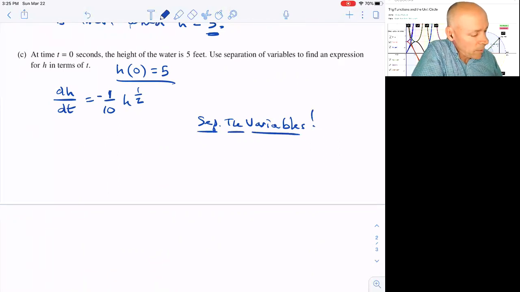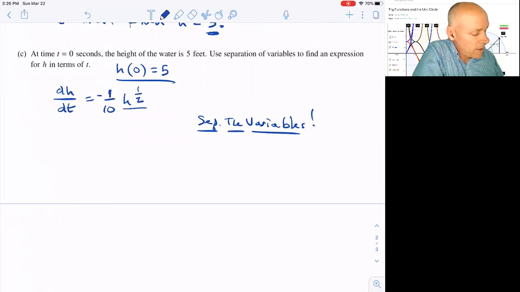So if I separate the variables, I'm going to move the h to the 1/2 to the other side of the equation. I'm going to leave the dh over there, and I can treat that as h to the negative 1/2.